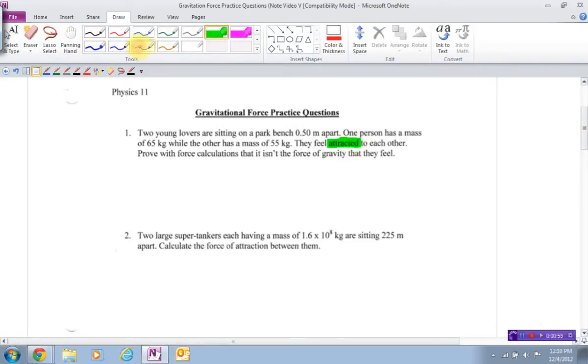of gravity or not. So the equation, as is, says that force of gravity between two objects is given by the formula of G, universal gravitational constant, times mass, divided by the distance between the two objects squared. G is a universal constant. It will never change.